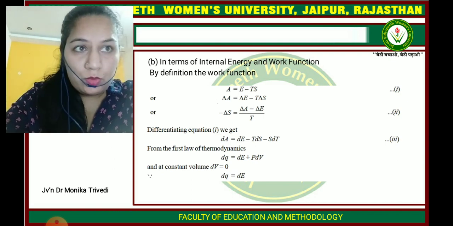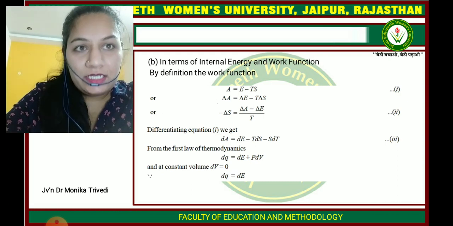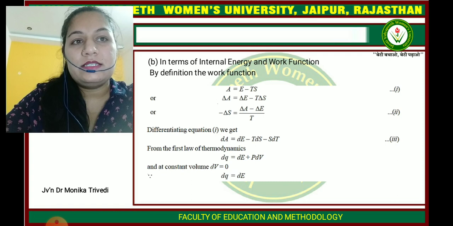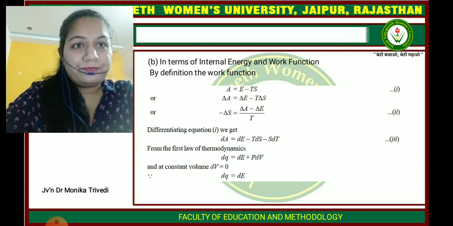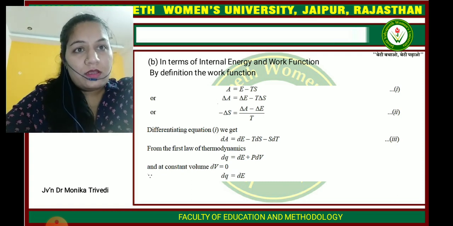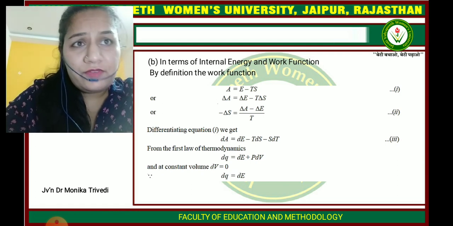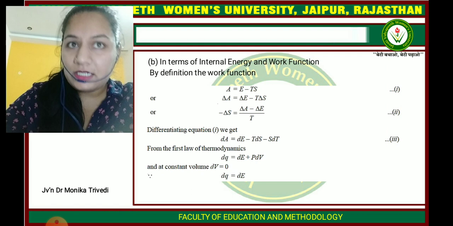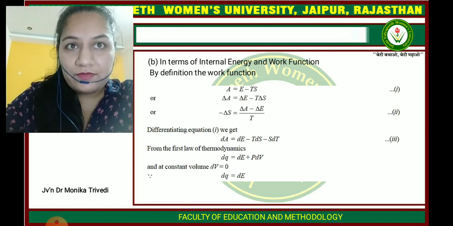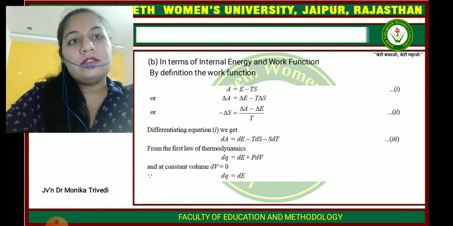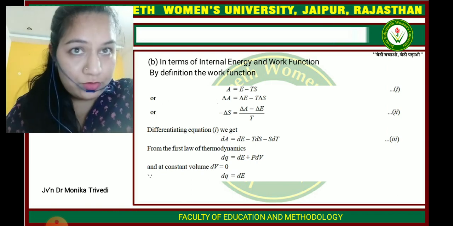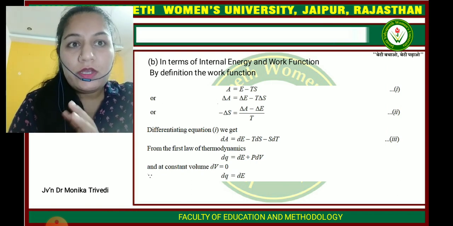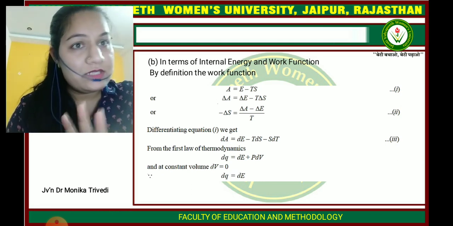If we differentiate equation 1, what do we get? dA is equals to dE minus TdS minus SdT. We differentiate both the terms T and S, so we get TdS minus SdT. For the first term we differentiate T with respect to S, and for the second term we differentiate S with respect to T. For the first law of thermodynamics, dq is equals to dE plus PdV, as we all know.